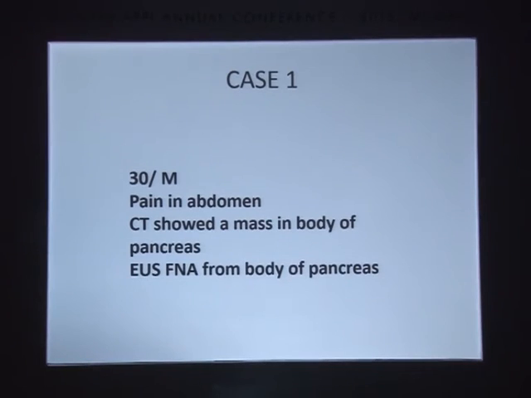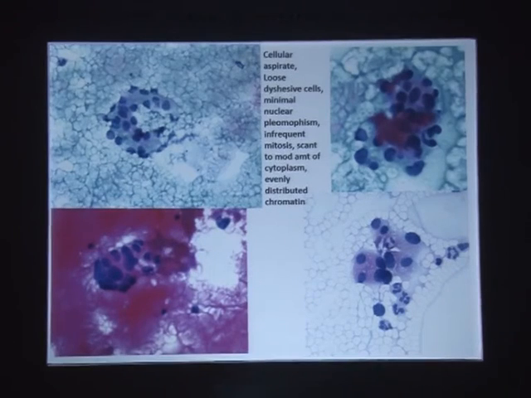This was a 30-year-old man who came with pain in abdomen, and he had a pancreatic body mass, and we received EUS-FNA. And this was the cytology material that we received. As you can see, these are very cellular aspirates, showing very subtle changes of pleomorphism, etc. They are discohesive cells with very subtle atypia, and the background showed these inflammatory cells.